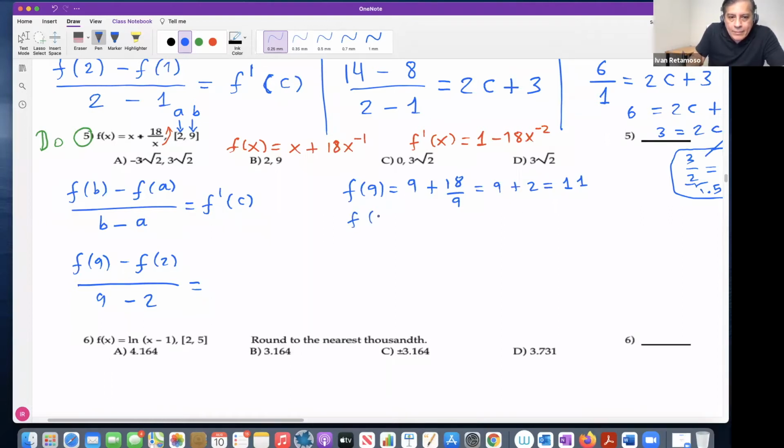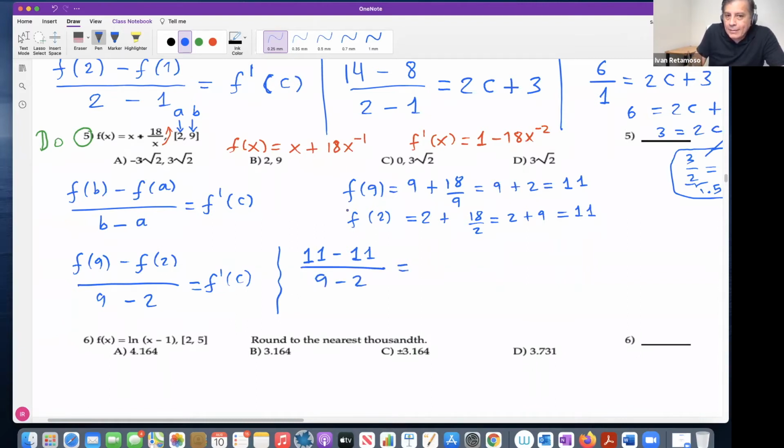Now, what is f of 2? Instead of x, now I write 2. So I get this. 2 plus 18 over 2 is 9. 2 plus 9, 11 again. So this computation becomes 11 minus 11 over 9 minus 2, right?